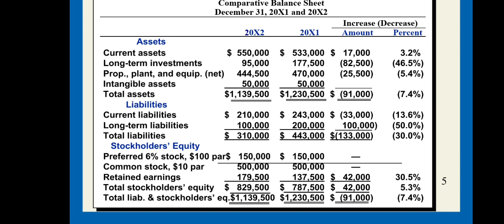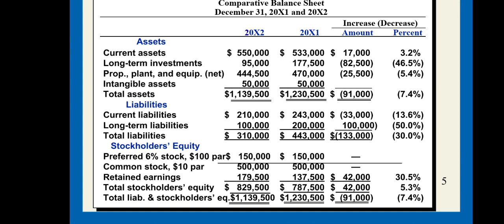But for a sole proprietorship business, the account is capital. For a company, we call it stock or shares. And then retained earnings. Retained earnings is the profit. Total stockholders' equity is the owner's equity of the business. And then total liabilities and equity.